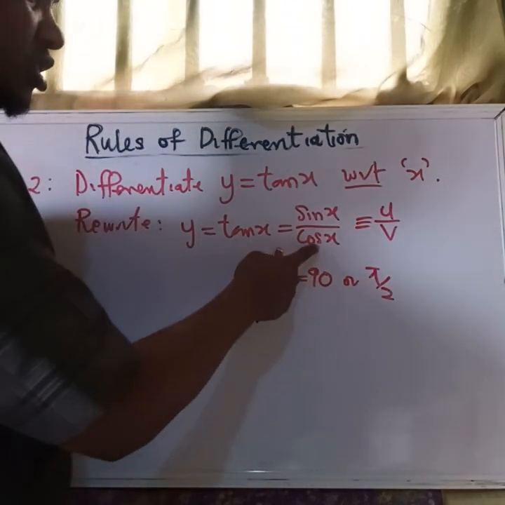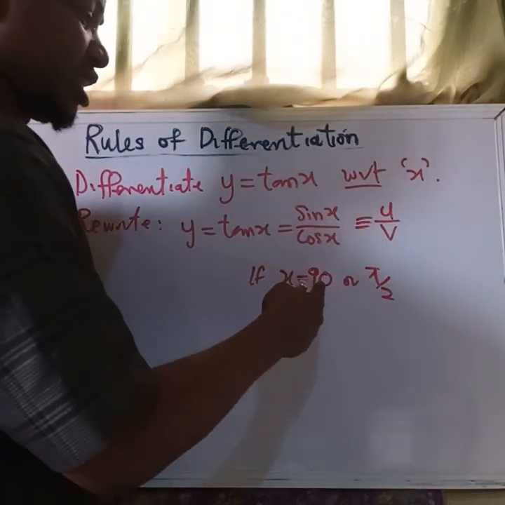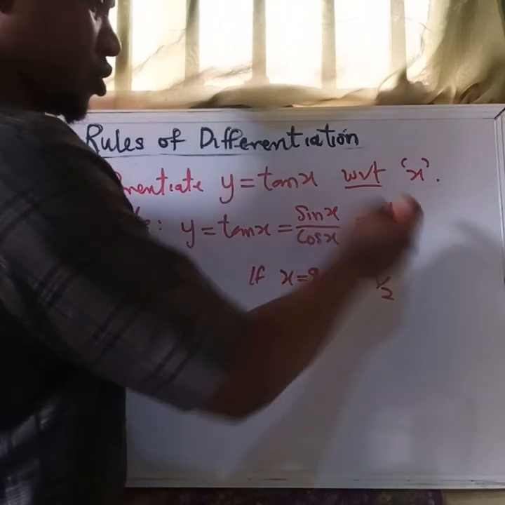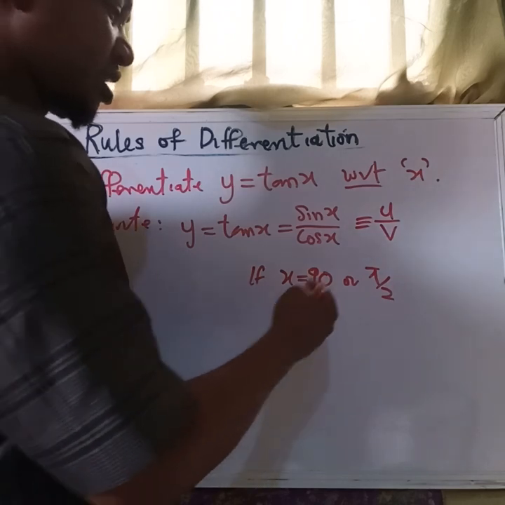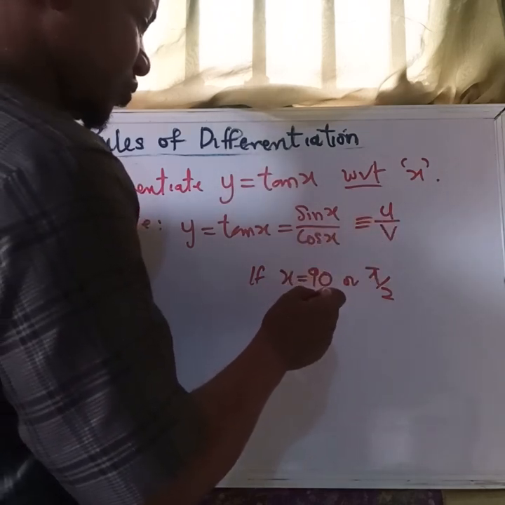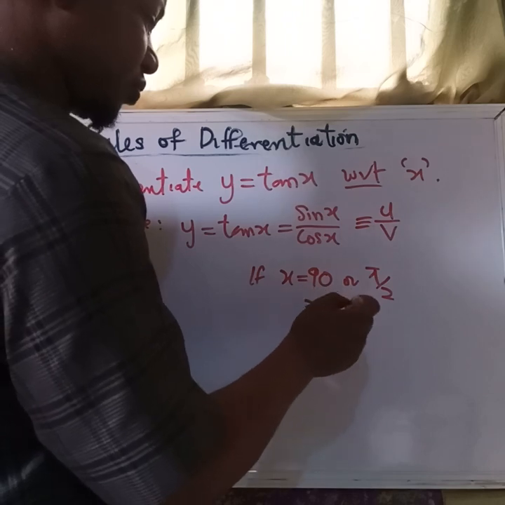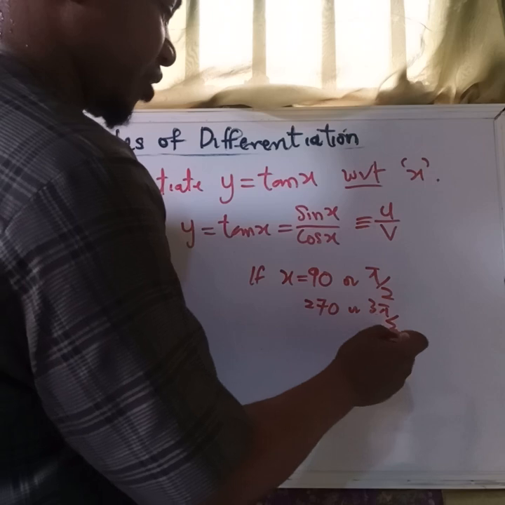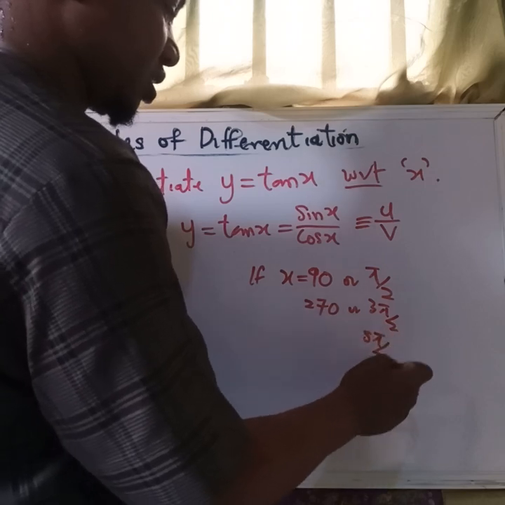When we substitute this, the denominator becomes 0. Not only this, there are other values that will make it 0, such as 270 degrees, or 3 pi over 2, 5 pi over 2, etc.